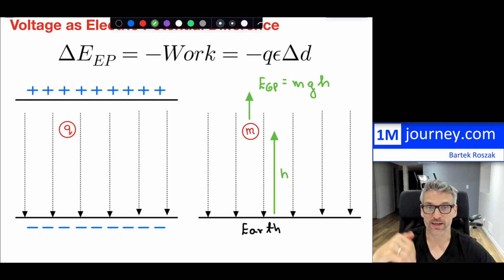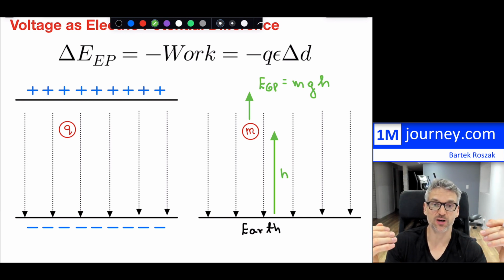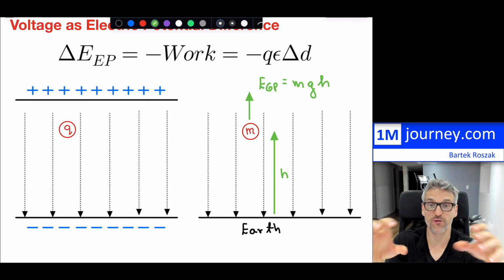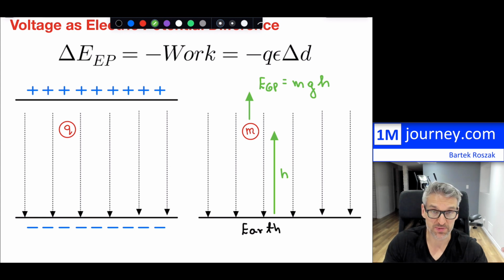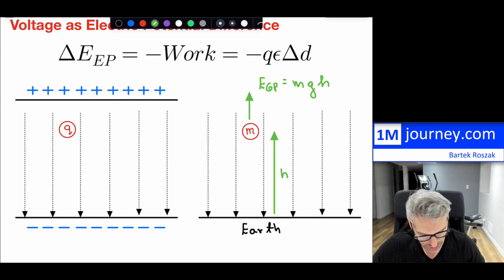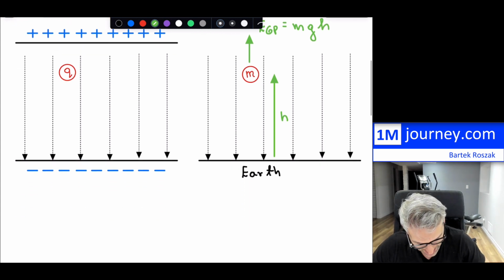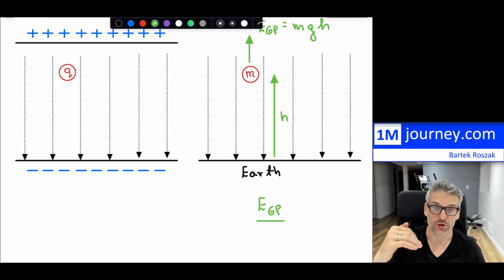Now, if you wanted to have it per mass, so per unit mass, instead of having the amount of energy for that particular mass, but if we wanted to know it for any mass possible, then what we could do is the following. We could say that we wanted to know what is the actual energy per unit of mass.